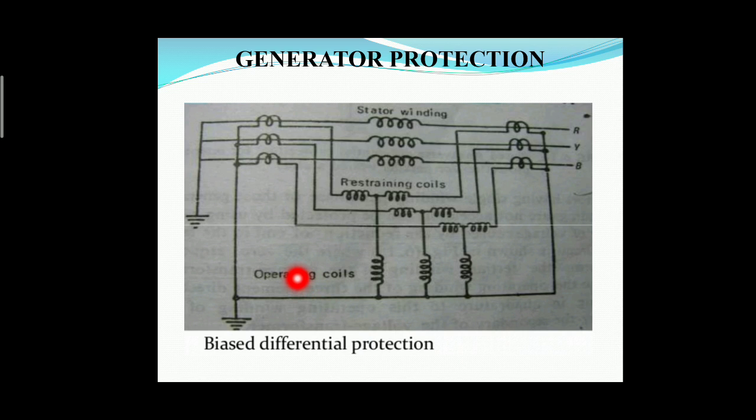If any internal fault occurs in the stator, the torque produced by the restraining coil is ineffective and the relay closes its contacts when the setting current flows through the relay operating coil. To avoid the effect of this spill current, percentage bias is introduced in the differential relay.